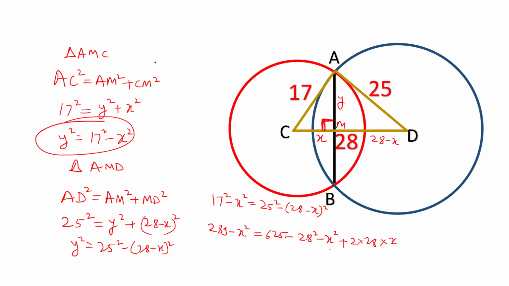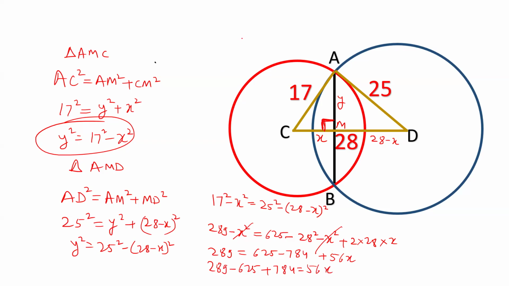Now this is minus x square, this is also minus x square, so they cancel out. 289 equals 625 minus 28 square, which is 784, plus 56x. So 56x equals 289 minus 625 plus 784.